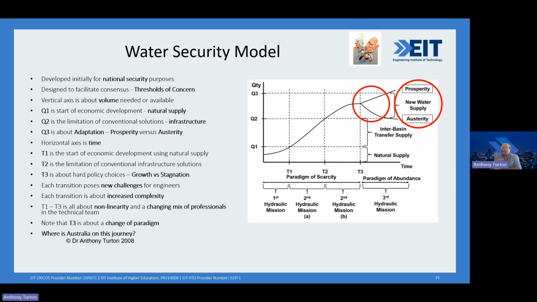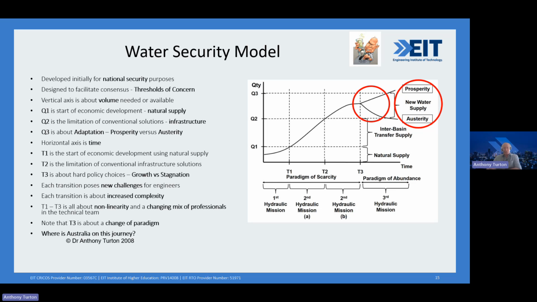Or how do we manage under conditions of fundamental constraint, but by generating what is known as new water, and that's where the water recovery comes in. That's where the desalination comes in. That's where the recycling of water from waste, etc., comes in. And that's very much the future, I think, of the engineering profession that we are talking about now.